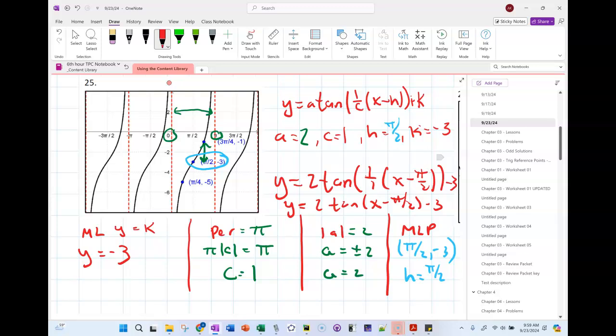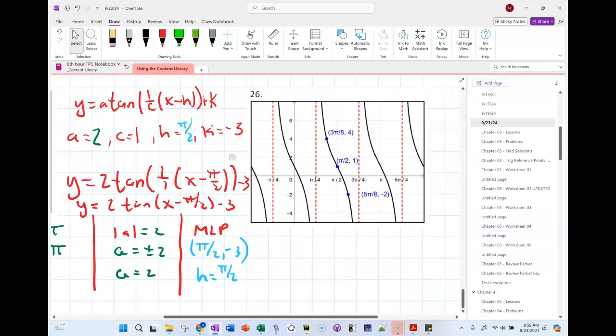So again, if you need to add in some extra stuff because you didn't have it quite all the way there, you want to do that now, that's fine. But this is also in your notes, right, in the content library. So if you need to go back and get this when you're filling in your homeworks, that's fine too.